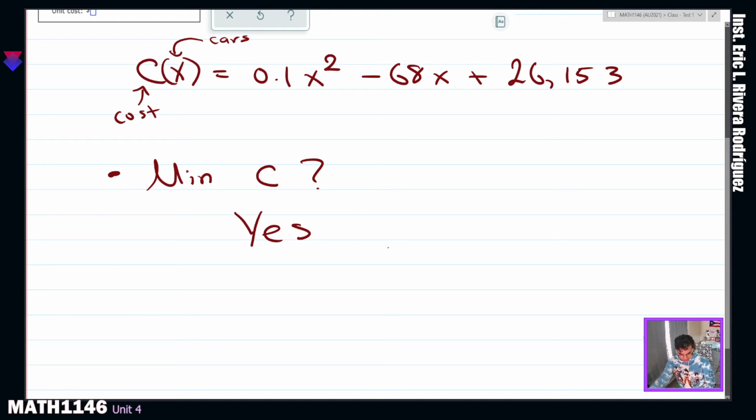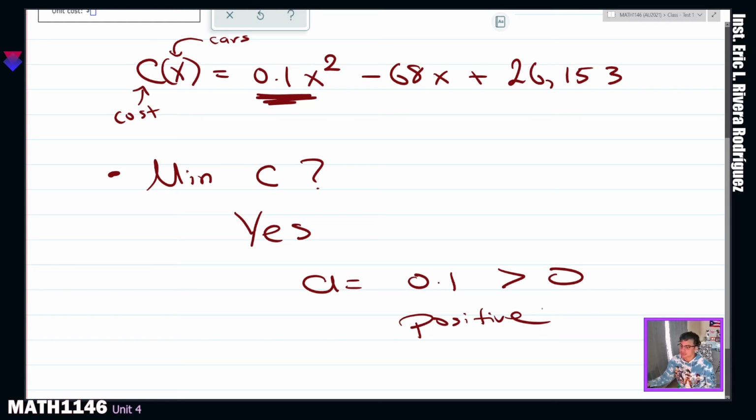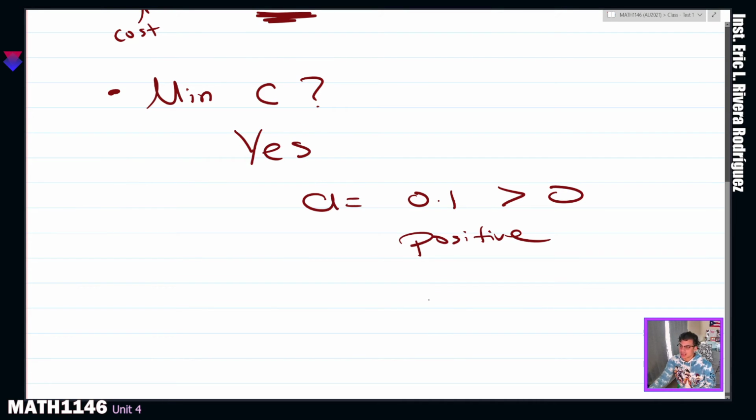The main coefficient is positive. The main coefficient a is 0.1, so this is greater than 0, so it is positive. And it means that the parabola opens up, so we have a minimum value there at the vertex, all right?